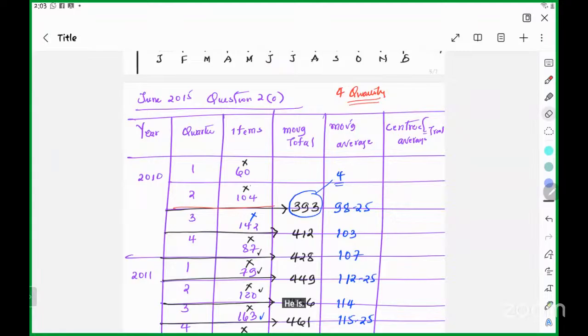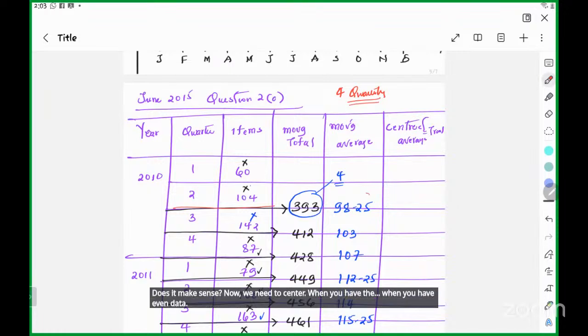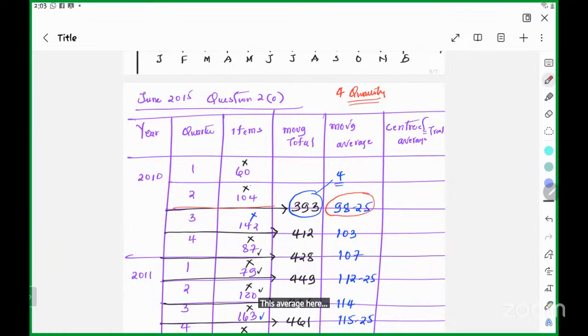Now, we need to center. When you have even data, this average here must fit, for all time series, within a specific period. What do I mean? If I asked you to tell me, is this value in the second quarter or third quarter?